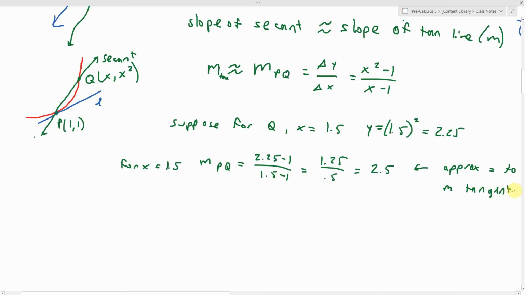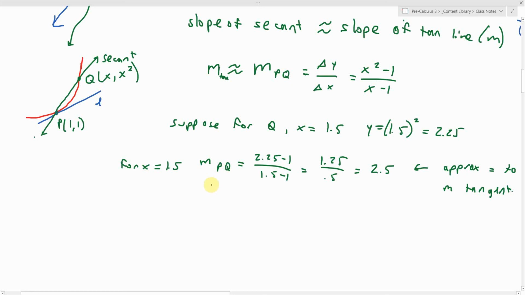It's a rough approximation, again, because this green line is not super close to the blue line, but somewhat close. And so we can say that the slope of the tangent line is somewhat close to 2.5, which is the exact slope of this particular secant line.